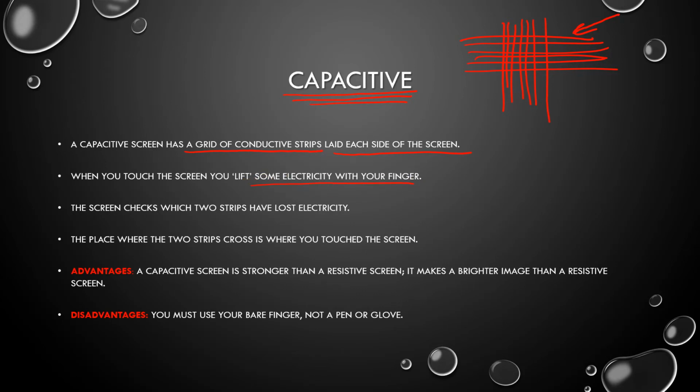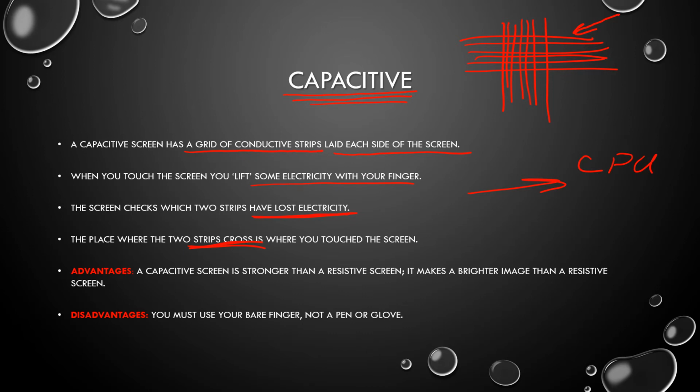Now when it does this, the power is lost from that grid, and where the power is lost, that information is then sent to the processor, to the CPU, and it can use where the power is lost to pick up where that positional data is. So it's where the two crosses are gone, basically, because it's drawn it to it.